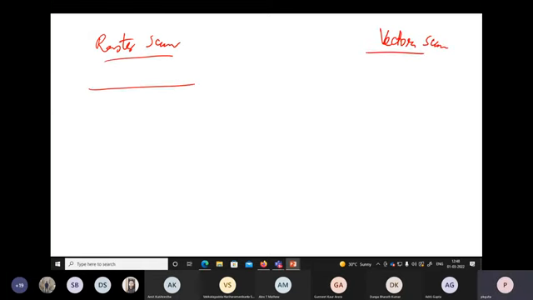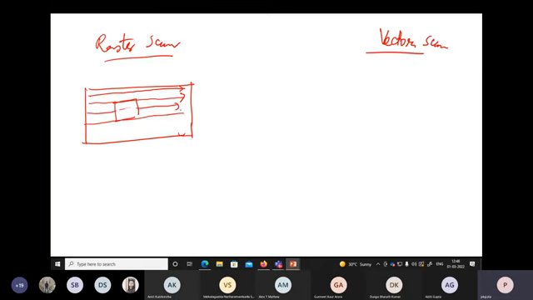In raster scan, you basically scan the entire wafer. The electron beam will scan the entire wafer, and according to the design, wherever you need to write, it will write there. Okay, and wherever according to the design, it will write that part on the resist.